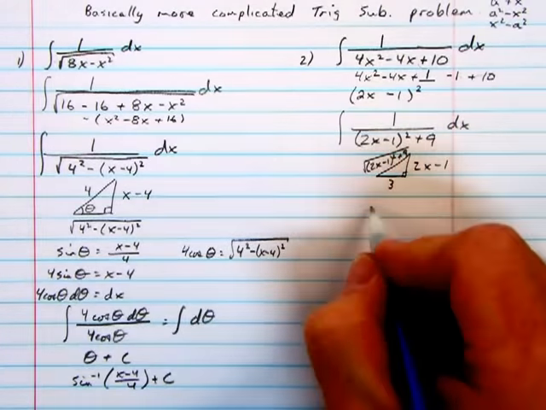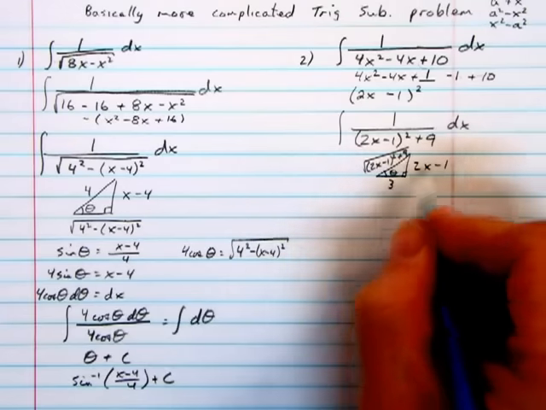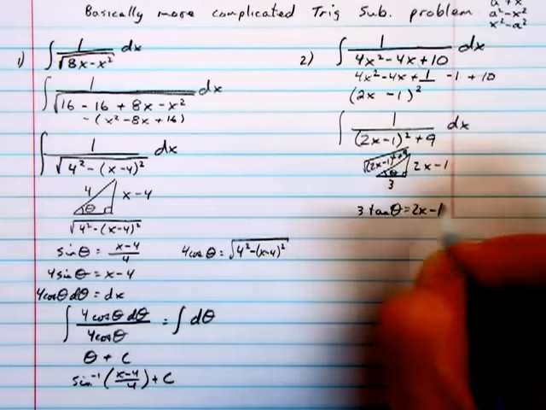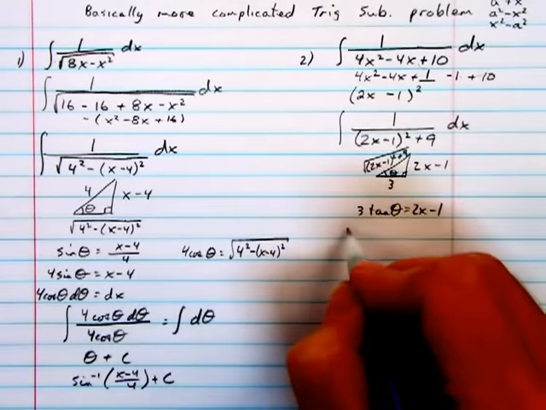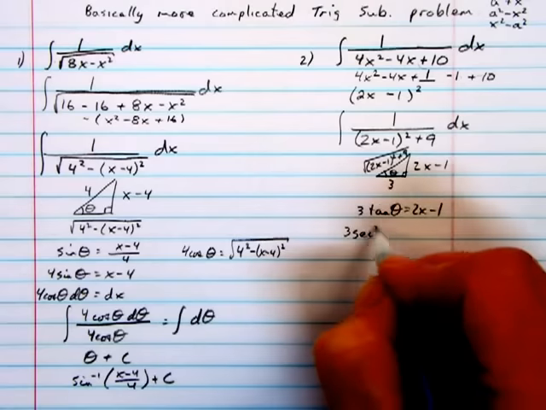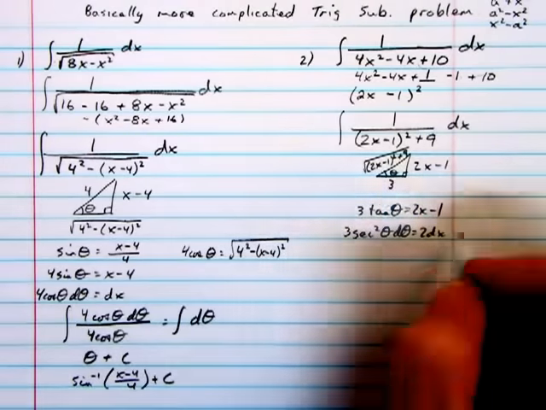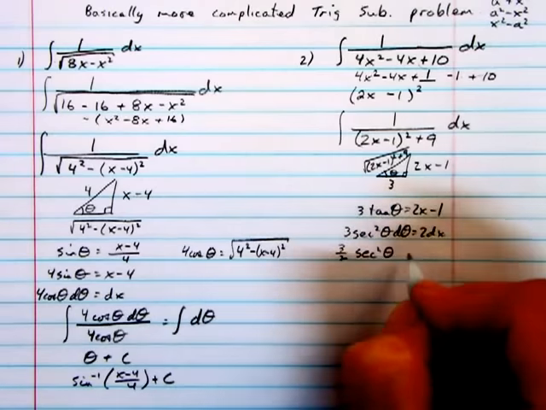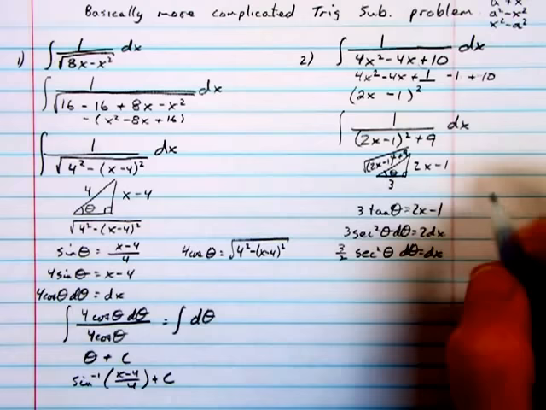Now I can start doing my substitution part. Here's my theta. So tangent theta, 3 tan theta equals 2x minus 1. If we take the derivative, or differential, we'll have 3 secant squared theta d theta equals 2 dx. We want to move that 2 to the other side, so we have 3 halves secant squared theta d theta equals dx.